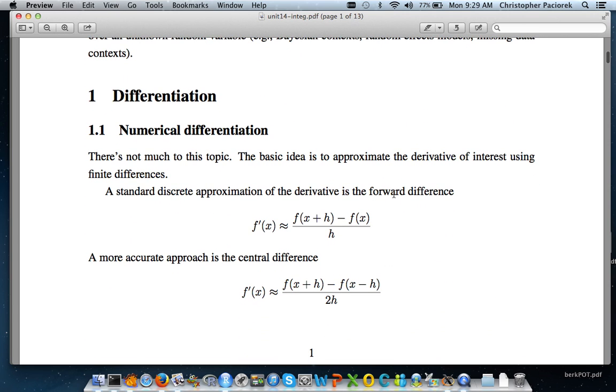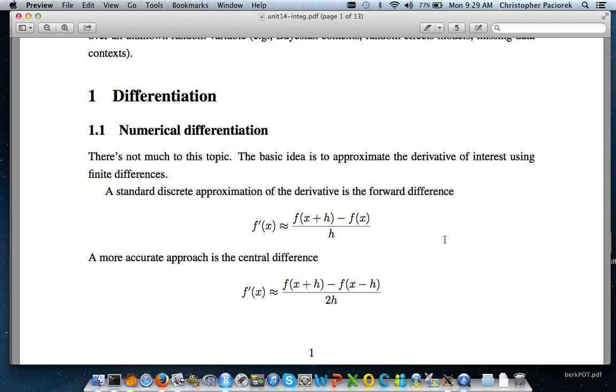So let's start with numerical differentiation. There's not all that much to this conceptually, but it's useful to think about because it ties back in with some of the numerical issues that we've already talked about earlier on, and that seem to keep arising as we've seen just this morning. So if we think about derivatives, how do we get f prime of x? If we go back to our early days in calculus, we're just going to take a limit where we take f of x plus some small increment h minus f of x, and we divide by the increment h.